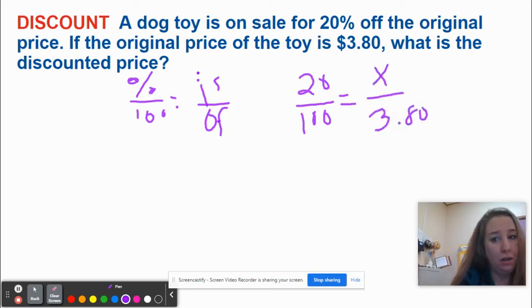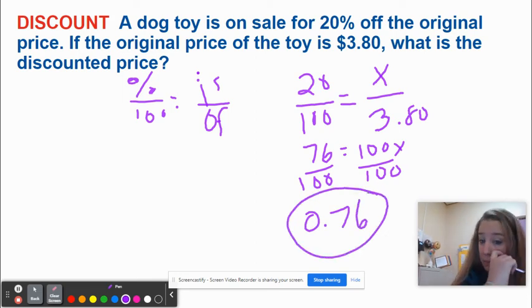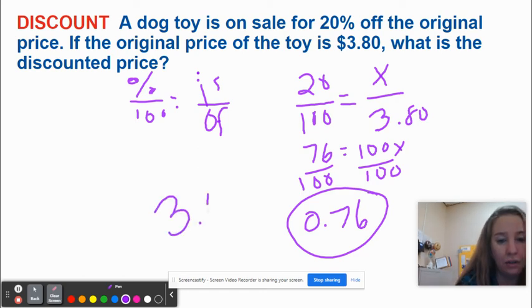Well, you do 3.80 times 20, which is 76. Divide both sides by 100. So it turns out to be 76 cents off, right? Because it's a discount, which would mean it's 3.80 minus the discount of 76 cents, and your total is now $3.04.